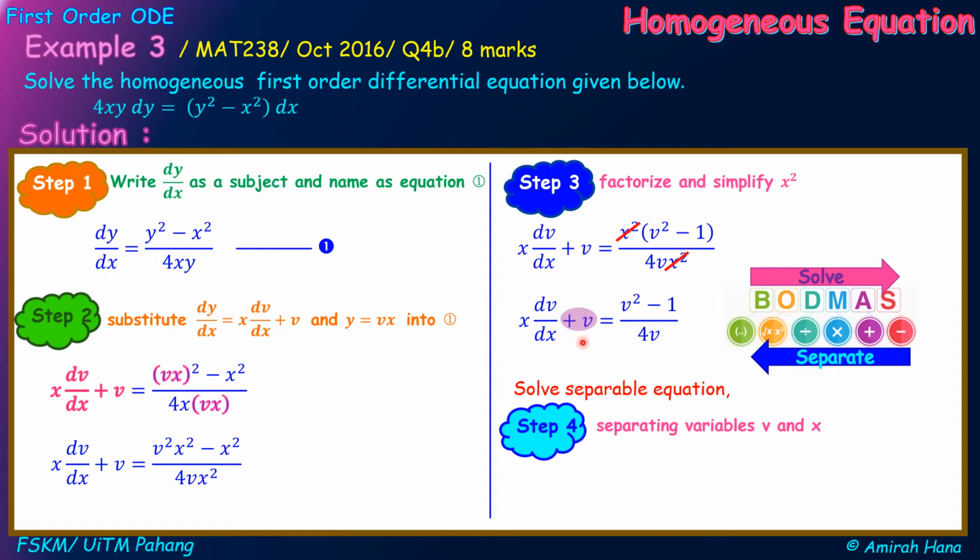So from here, we need to move plus v to the right hand side. So we get x dv over dx equals v squared minus 1 over 4v, and after we move plus v to the right hand side, we get minus v.